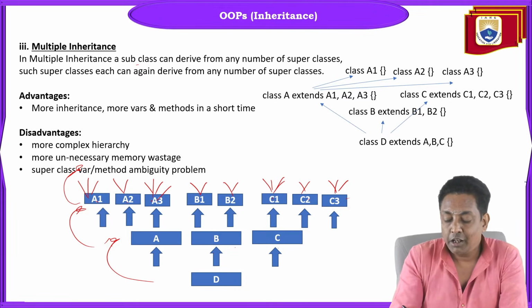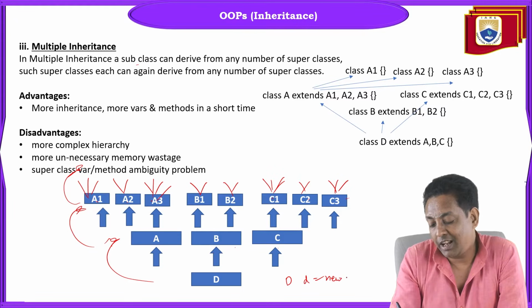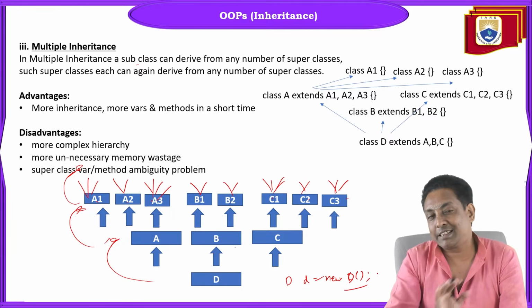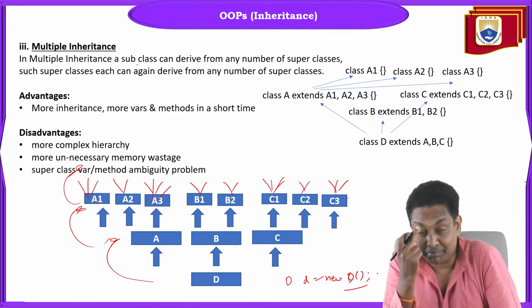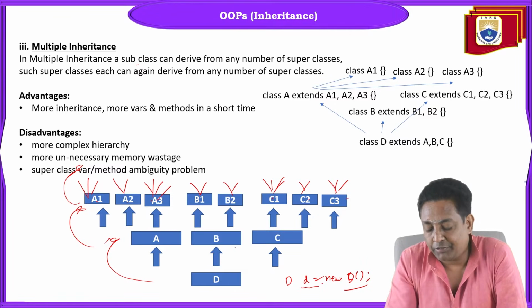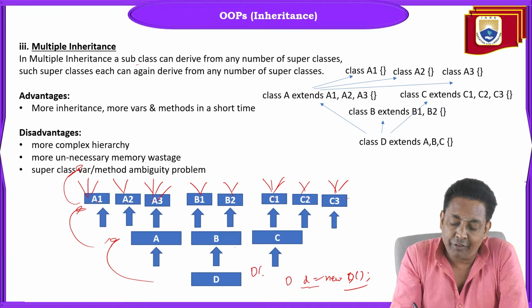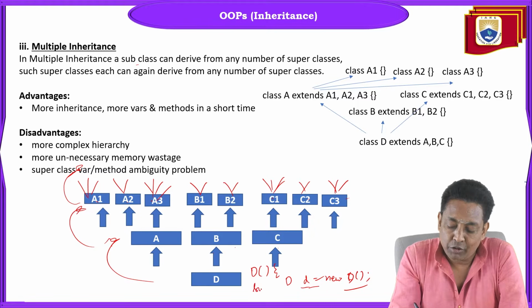The second one is, if you create an object of D, in comparison with multiple inheritance, multi-level inheritance is far better from the memory consumption point of view. Suppose you create an object of D. As you already know, in every class constructor, the superclass constructor call is a common statement, isn't it?